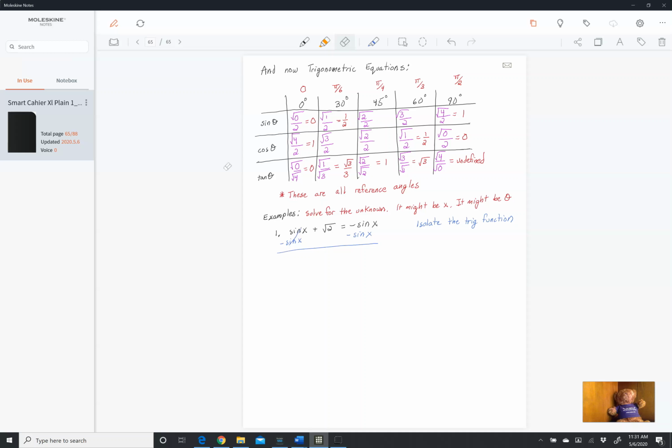Okay, now on this side it's going to cancel. Sine of x minus sine of x is 0. But be careful. Here we get square root of 2 is equal to negative 2 sine x. Okay, negative 1 minus 1 is negative 2. Be careful there. Okay, so now what? Well, again, we still isolate.